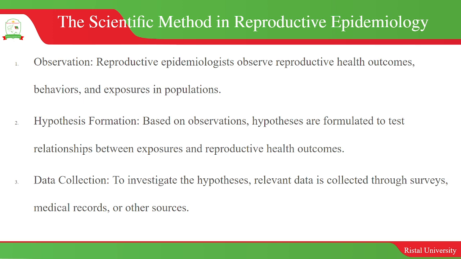We have a number of people who have undergone female genital mutilation. That is an observation that you have made. And then you are concerned that this female genital mutilation is associated with negative maternal outcomes. So you form what you call a hypothesis, which is step number 2 in the scientific method. The first is an observation, which is basically you have seen that you have an increased number of female genital mutilation.